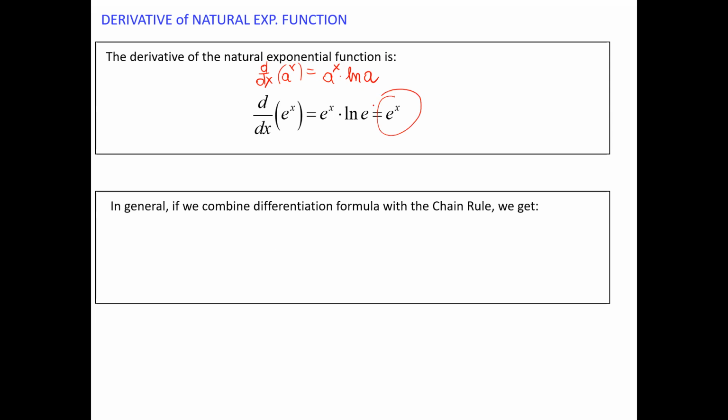When we add the chain rule, the derivative of e to the power of u is e to the power of u, the same function always, and following the chain rule, times the derivative of the inner function. The exponent is the inner function. If u depends on x, it will be the derivative of u with respect to x.